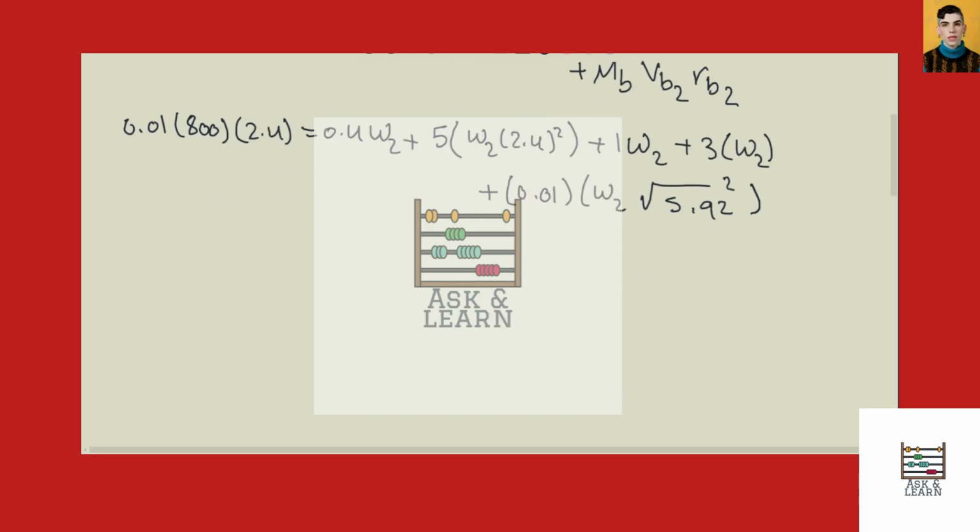From this equation, we can calculate omega 2, which is equal to 0.5773 radian per second.